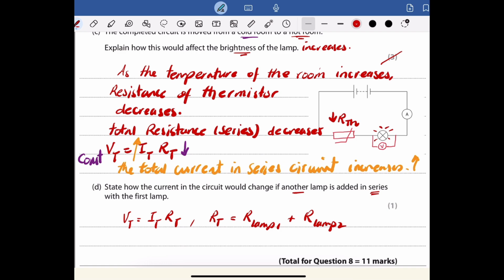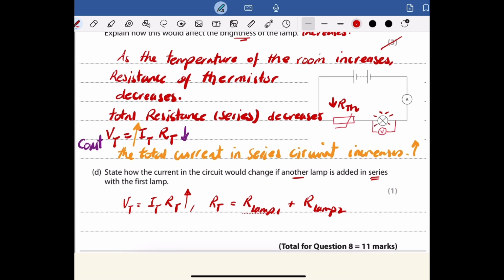And did you realize they are in series? So I'm adding the resistance, so the total resistance will be increased. So definitely this affects the electric current. So the electric current will decrease, or will be halved if we use the same value of resistance for the new lamp.